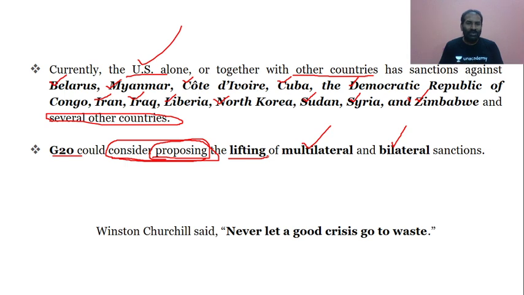As the G20 could be the basis for UPSC posing a question in the prelims 2020, the proposal made in the G20 is the lifting of multilateral and bilateral sanctions.